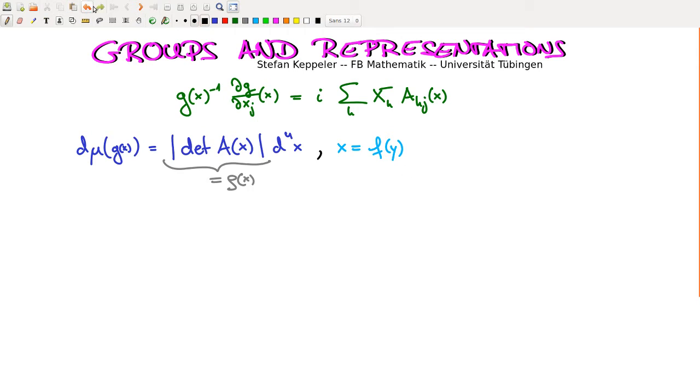So let's do this. Let's consider g of f of y, and let's call this g tilde of y. And now we use this instead of the g of x and go through this procedure here again.